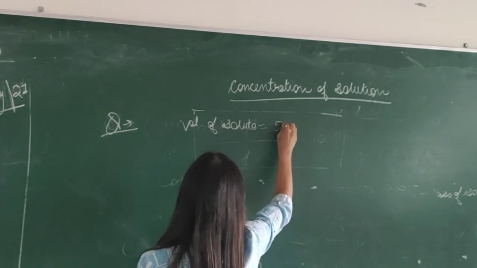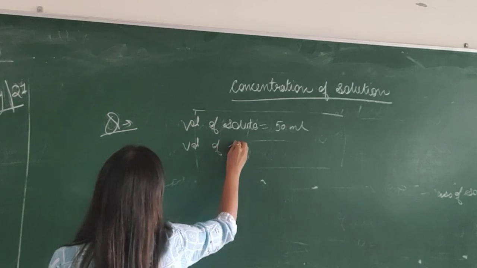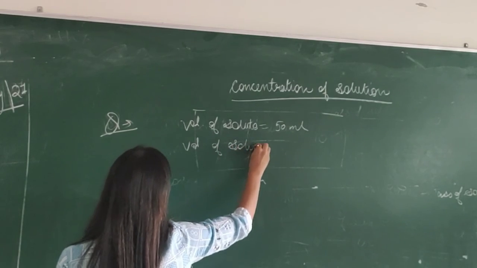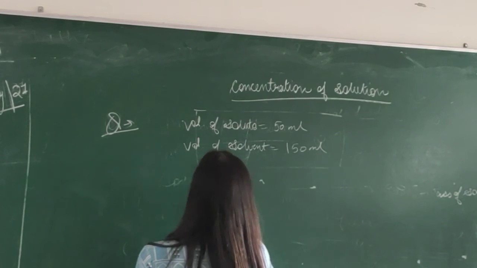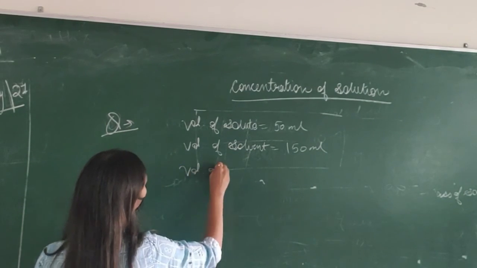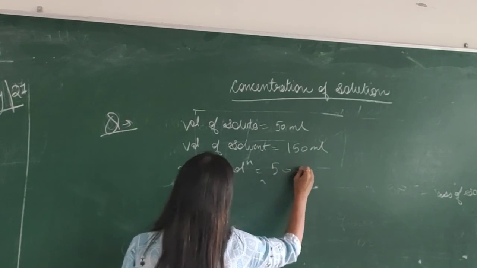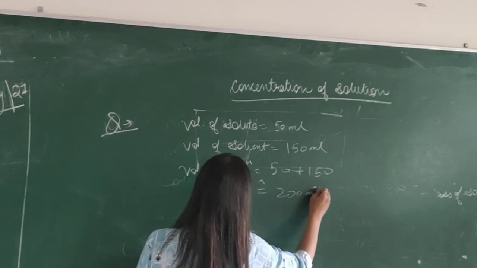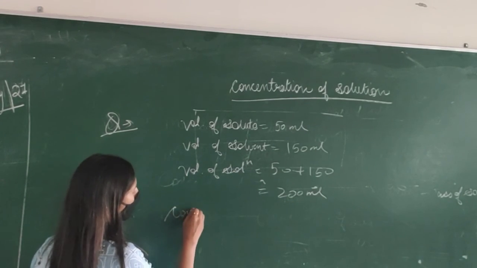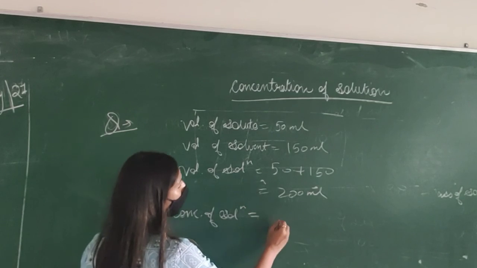So the volume of solution is 50 plus 150 equals 200 ml. So the concentration of solution would be what?